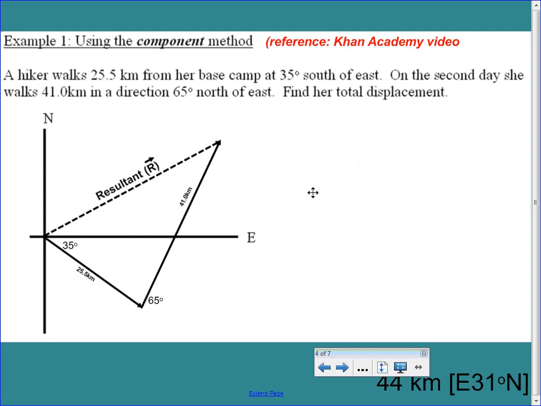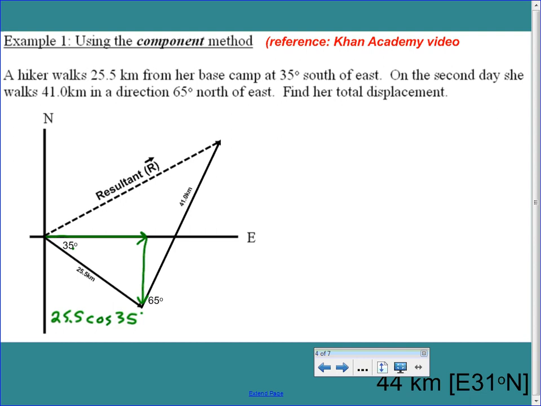What we're going to do is break the first vector into its horizontal component and its vertical component. Its horizontal component is going to be 25.5 times the cosine of 35 degrees.